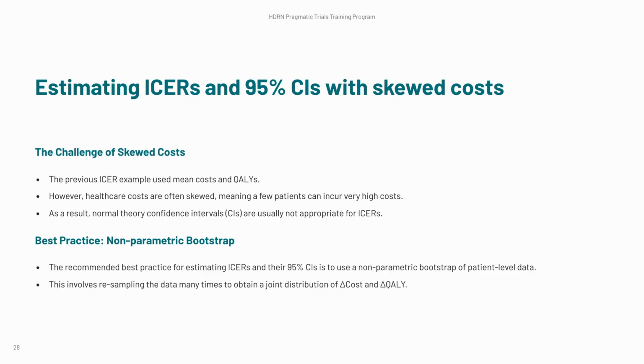Best practice is to use a non-parametric bootstrap. That means repeatedly resampling patient-level data, or cluster-level data in a cluster trial, and recalculating incremental costs and QALYs each time. Those bootstrap replicates give us an empirical joint distribution of cost and effect differences that we can use to summarize uncertainty more robustly.